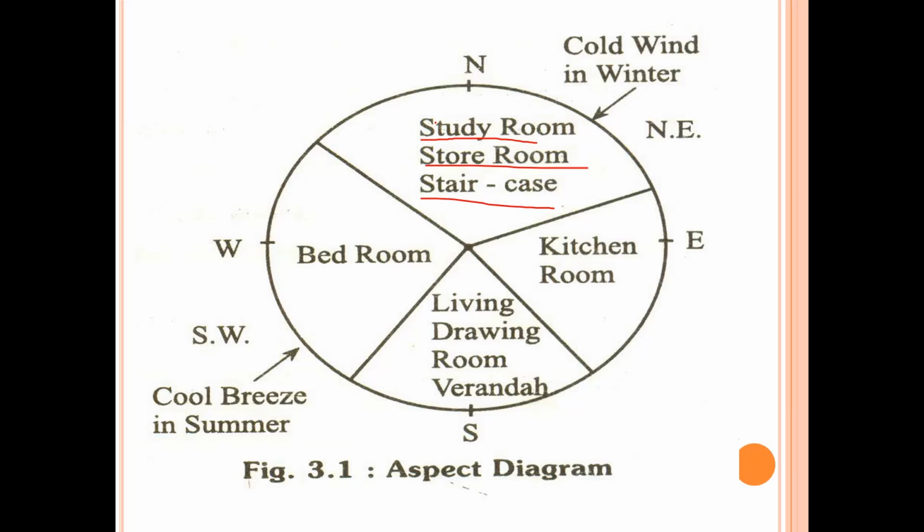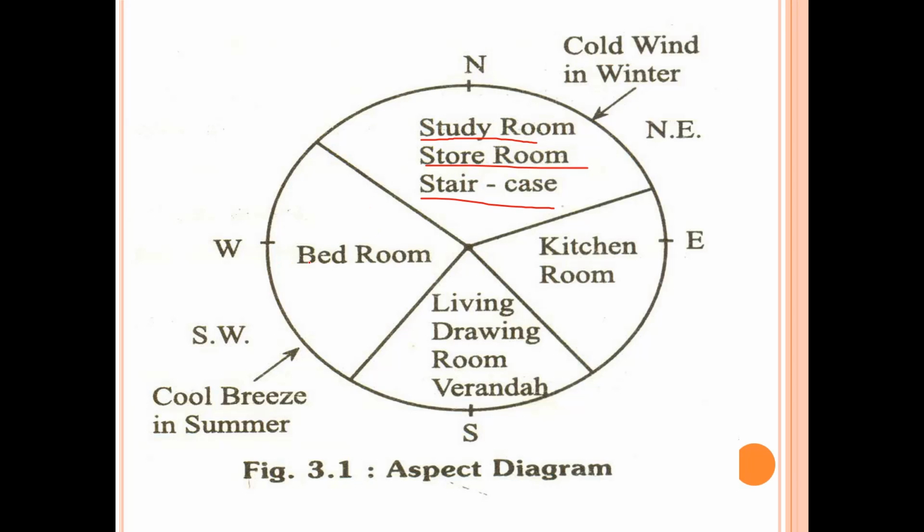Direct sunlight is not entering from this side because the sun is present on the southern side the entire year. So we provide the study room, storeroom, and staircases on the northern side to have glare free sunlight. And even in the storeroom and staircase, we do not need that much light.